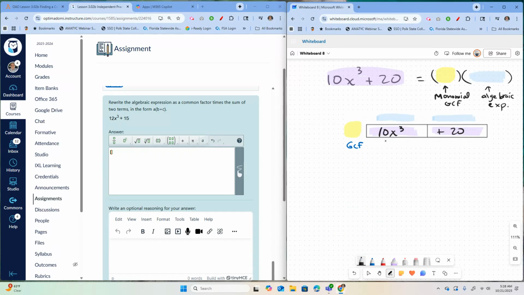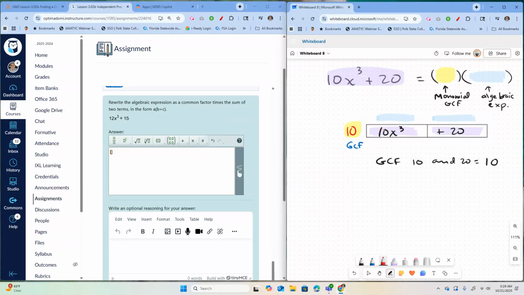Okay. And the way I do that is I'm going to find the GCF of the numbers, the coefficients 10 and 20. I'm not going to write down all the factors. I'm going to do this mentally. The largest number that you can multiply that will make 10 and 20 is 10. So that's my GCF here. And the next thing I need to do is the GCF of the letters.